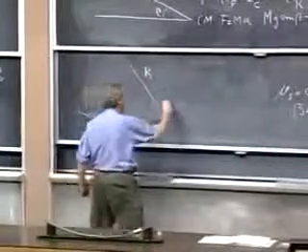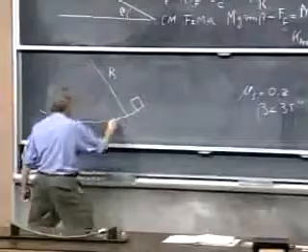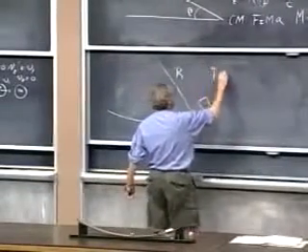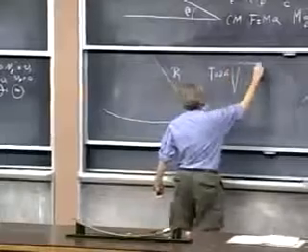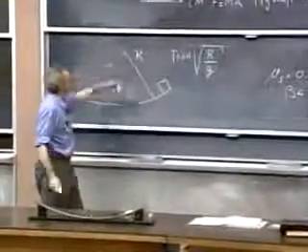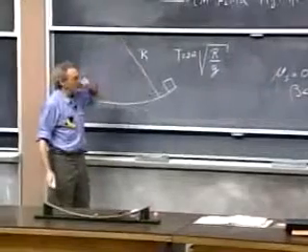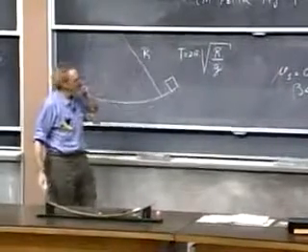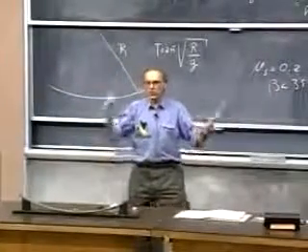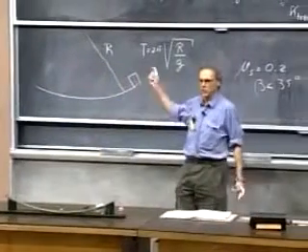We had a sliding object here, sliding without friction. And we derived that the period was 2 pi times the square root of r divided by g, as if this were a pendulum with length r, and that's in fact what it is.